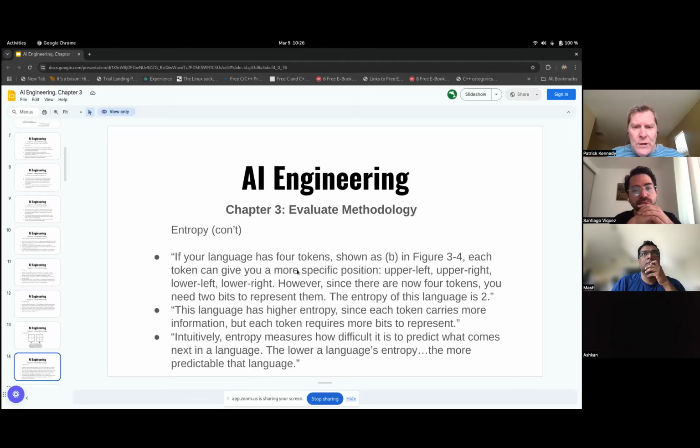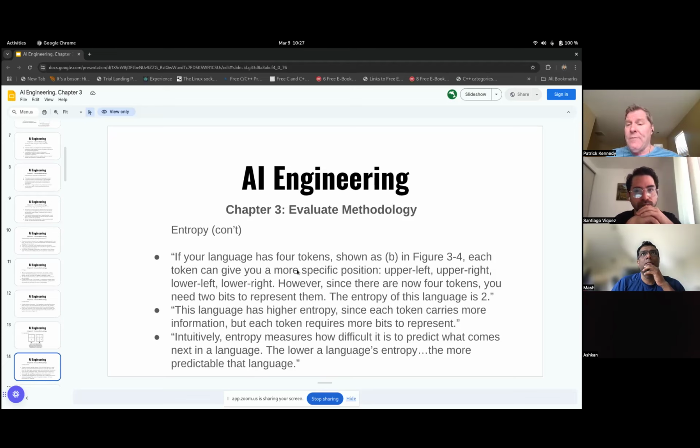If your language has 4 tokens shown in B, figure 3-4, each token can give you more specific positions: upper left, upper right, lower left, lower right. However, since there are now 4 tokens, you need 2 bits to represent them.